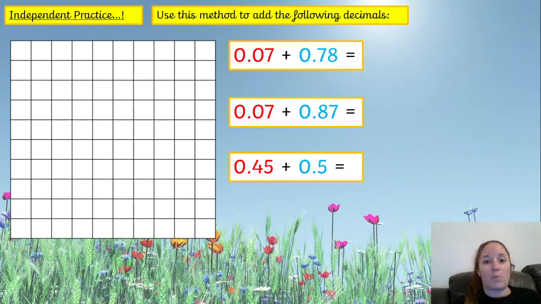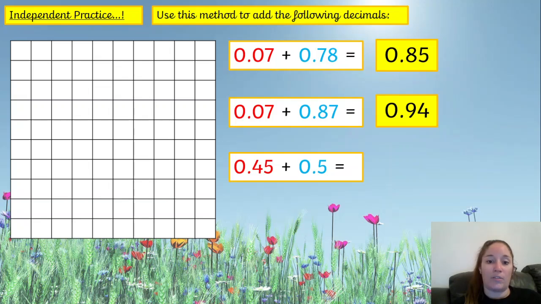Okay, so the first one, we've got 0.07 plus 0.78, that's 0.85. We then had 0.07 plus 0.87, which is 0.94. And then we had 0.45 plus 0.5. Now this one, I wonder how many people coloured in 5 squares for the second part.